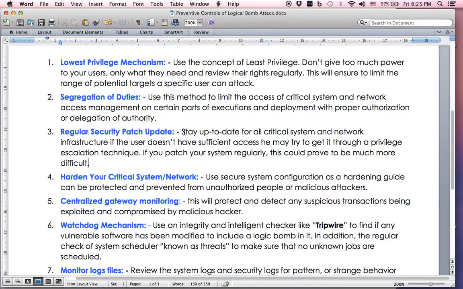The next is regular security patch updates. This is very important. The mechanism indicates you need to stay up to date on all critical systems and network infrastructure, whether system or network application, upon the release of patch code to fix vulnerabilities in the system or firmware, to protect against certain malware or threats.